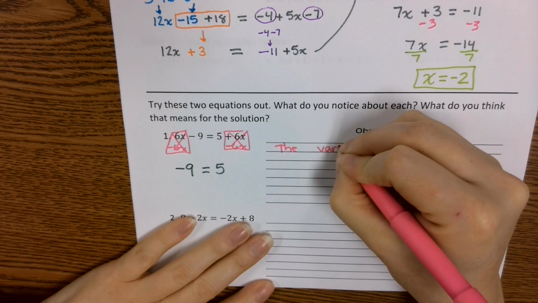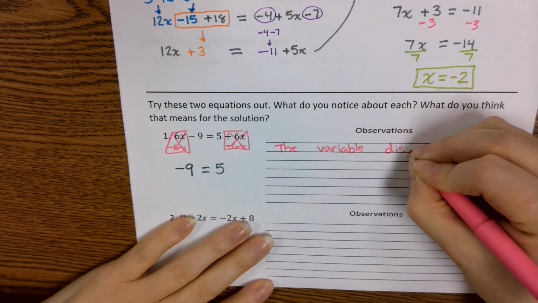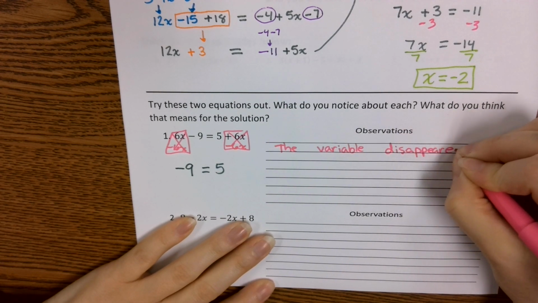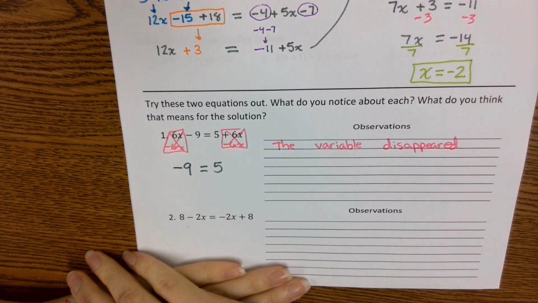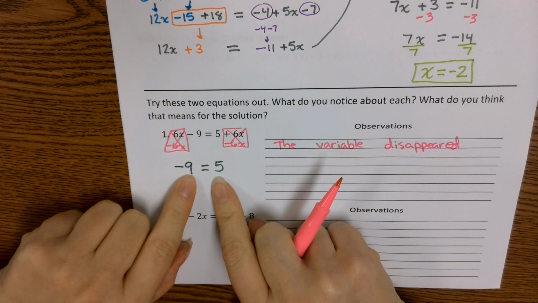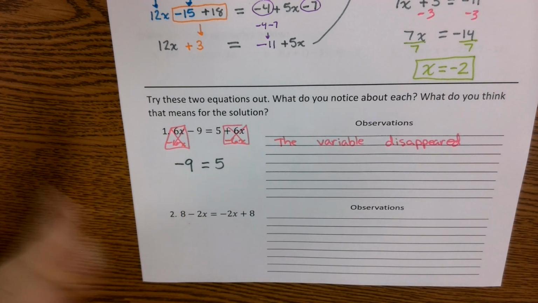Not just x, but any kind of variable in that situation. The variable disappeared. Okay, variable disappeared. What were we left with? Are we left with a statement that is true or false? False. We're left with a false statement.